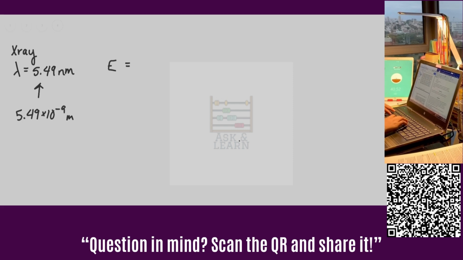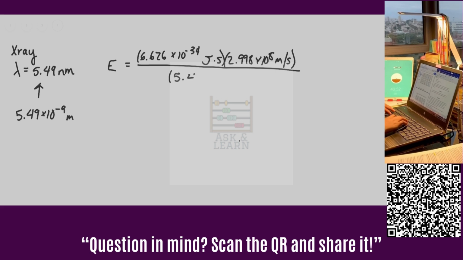When we replace that into our equation from before, we have 6.626 times 10 to the minus 34 joule seconds, and 2.998 times 10 to the 8 meters per second, and we have our wavelength, 5.49 times 10 to the minus 9 meters.